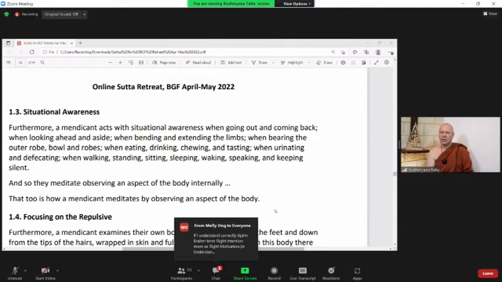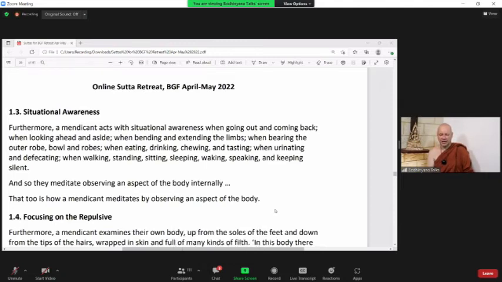So you have clear awareness about all those things. You know what the appropriate amount is, when to do these things, so as to align with the practice of the path. So you practice the path better. And in this way, they meditate contemplating an aspect of the body internally, etc. That too is how a mendicant meditates, by observing an aspect of the body.